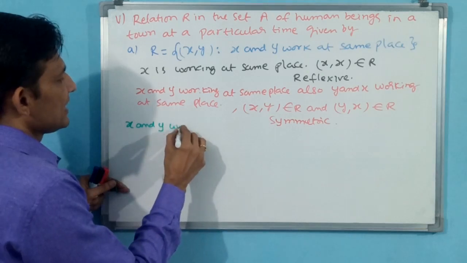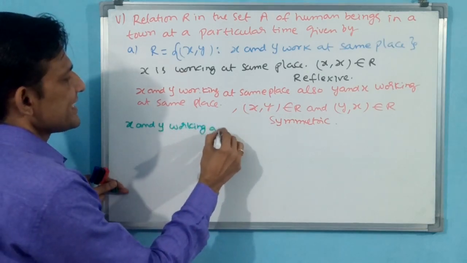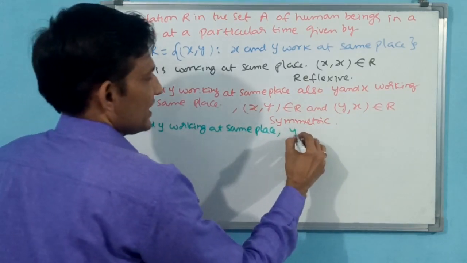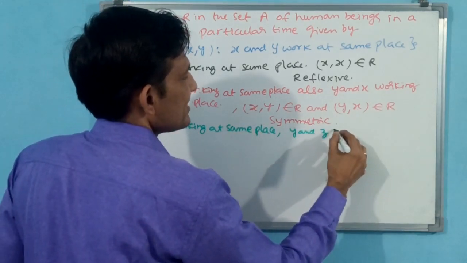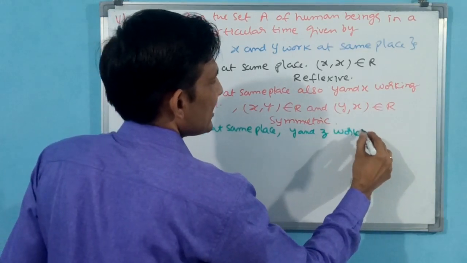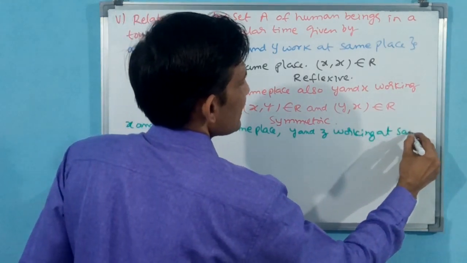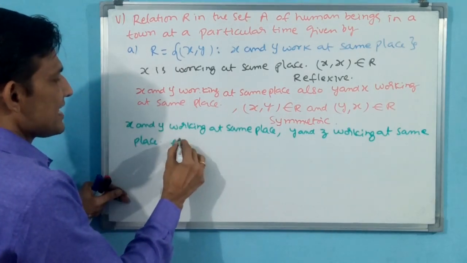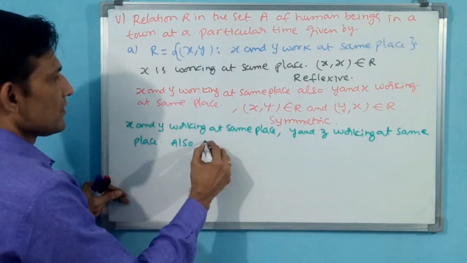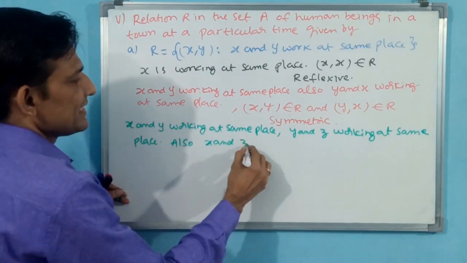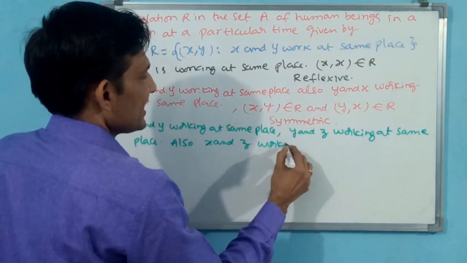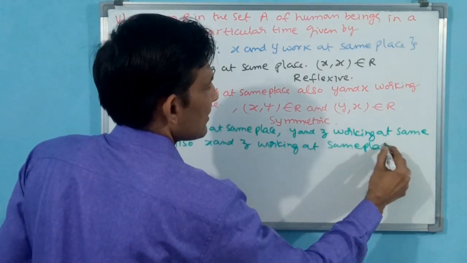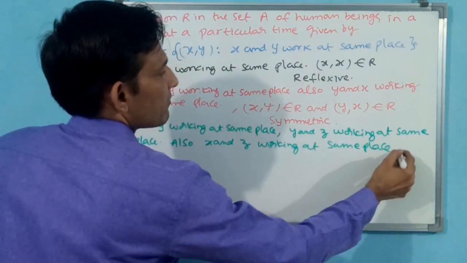X and Y working at the same place, comma, Y and Z working at the same place. Finally, also X and Z working at the same place. Okay, full stop.